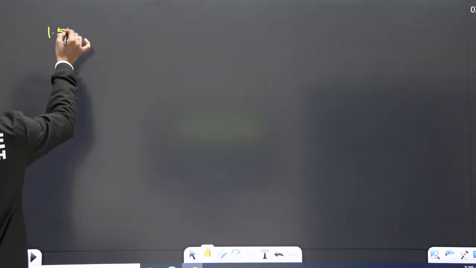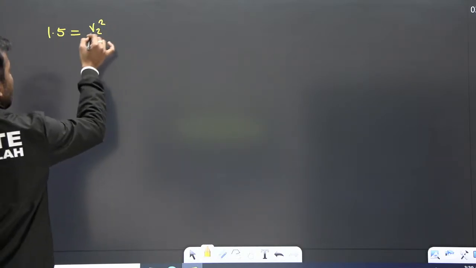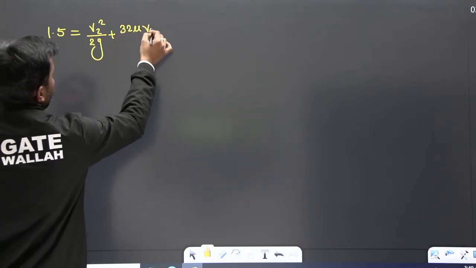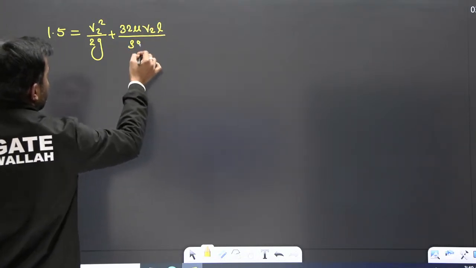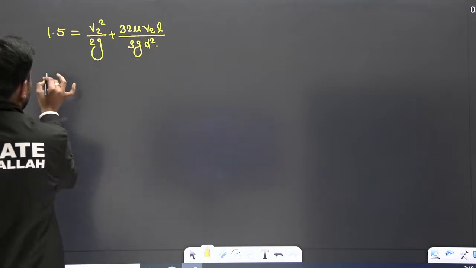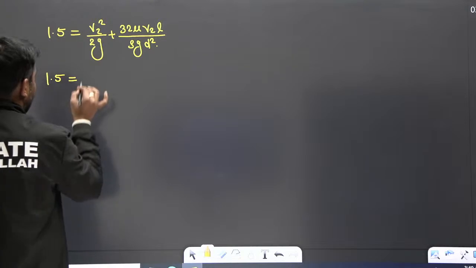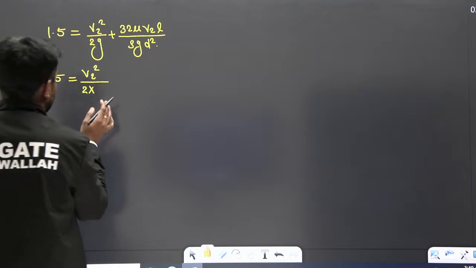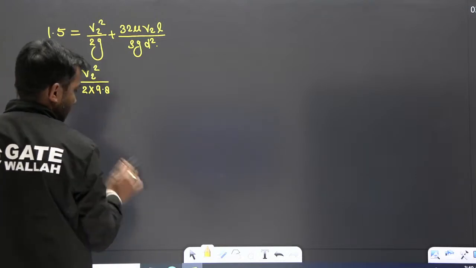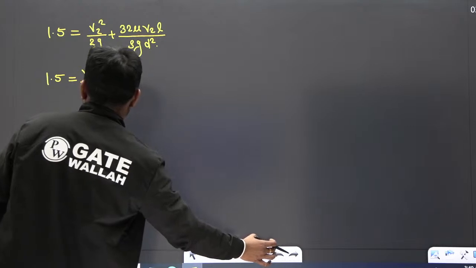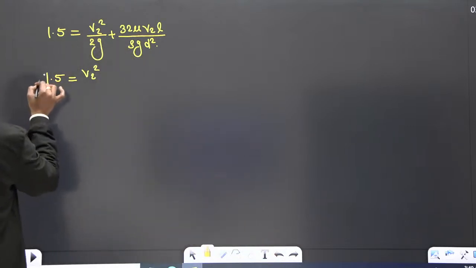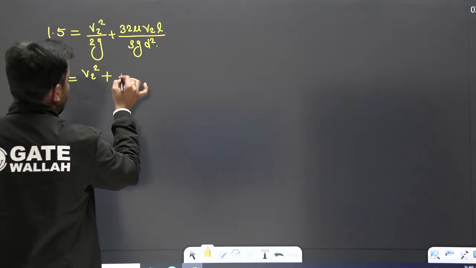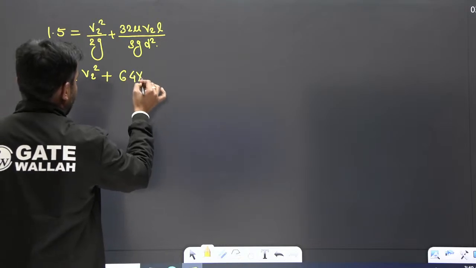That is 1.5 equals V2 square divided by 2g plus 32 mu V2 L divided by rho g d square. Multiplying this by 2g, here it becomes 64 multiplied by mu.